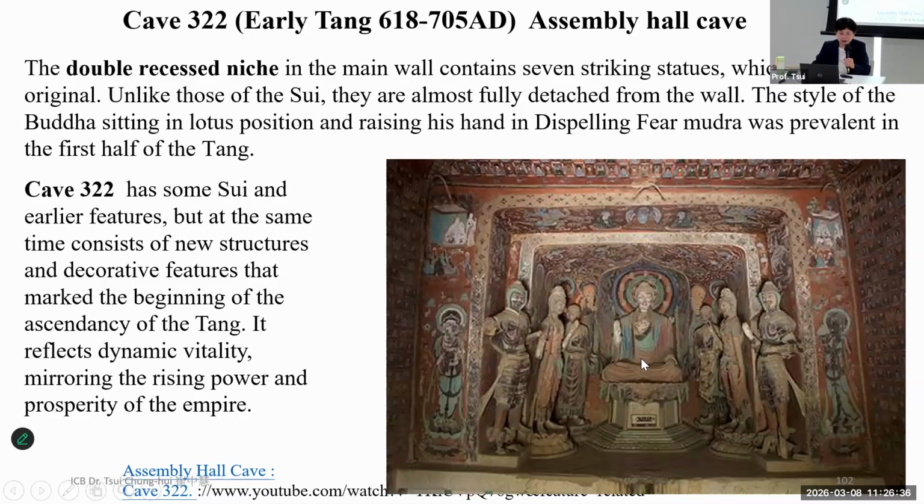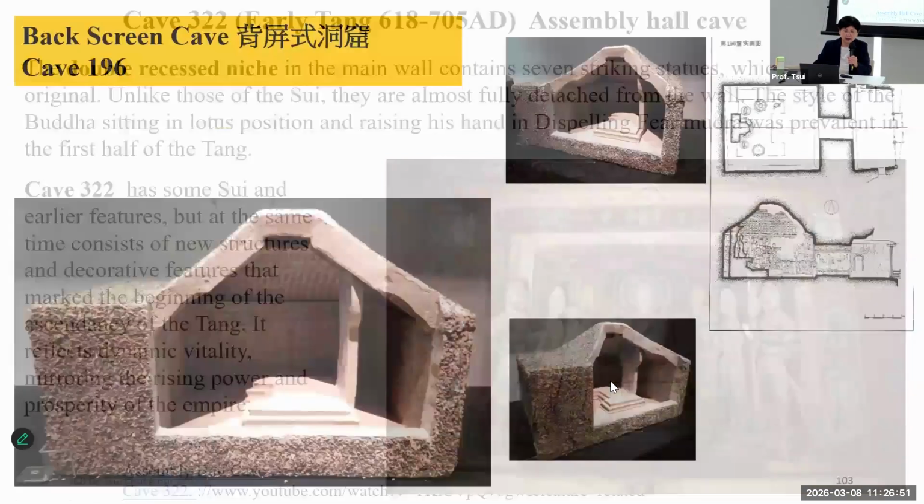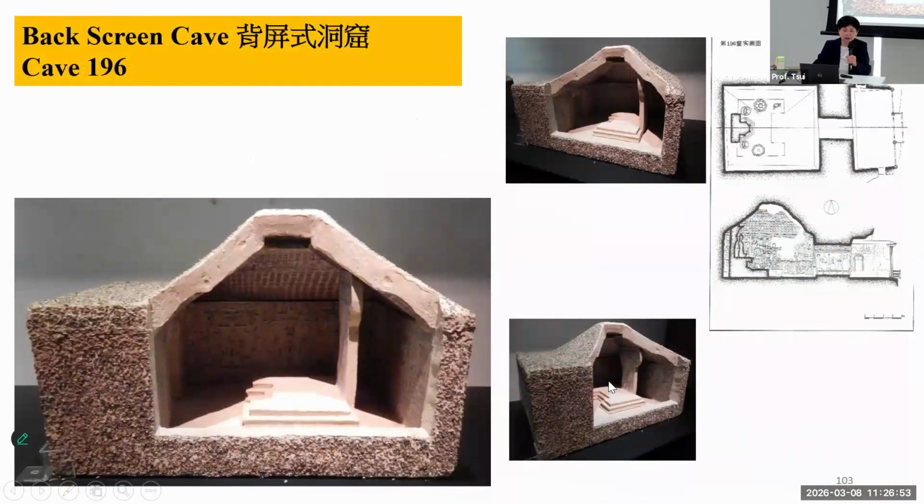So you can see the Buddha, the 2 disciples, the 2 bodhisattvas, and 2 guardian figures. This is one difference in the main shrine design in the Tang Dynasty. Another feature of the cave is the design with the back screen.